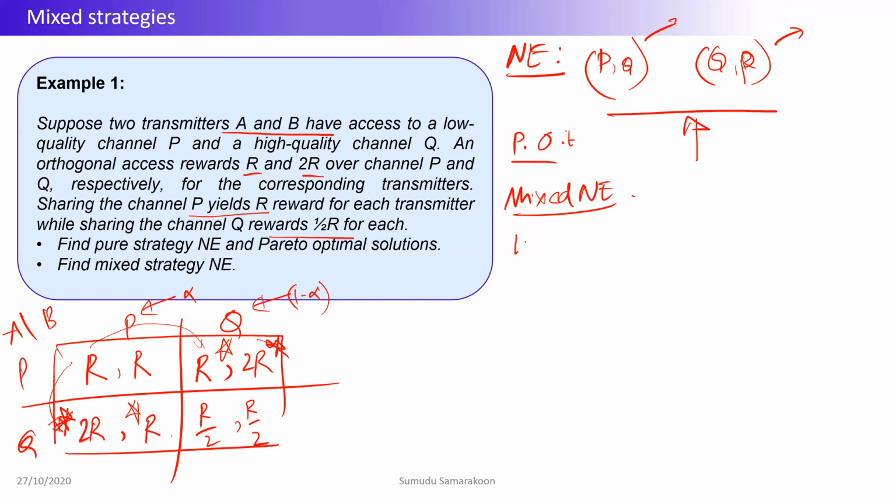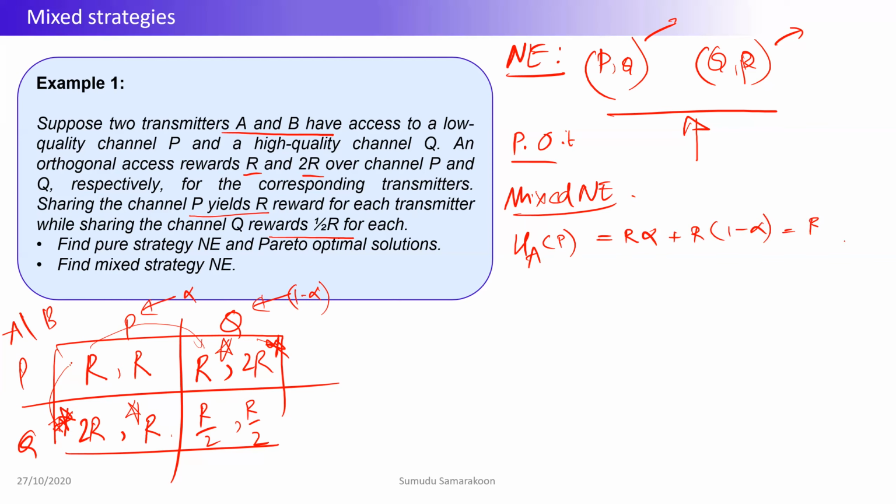Now, if we consider the utility when A uses action P, since B is randomizing these two actions with probability alpha, A will be rewarded R/2 when B is playing this, with probability alpha, and R when B is playing this, with 1 minus alpha.